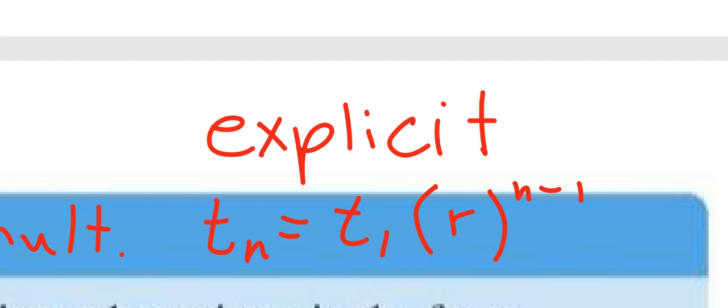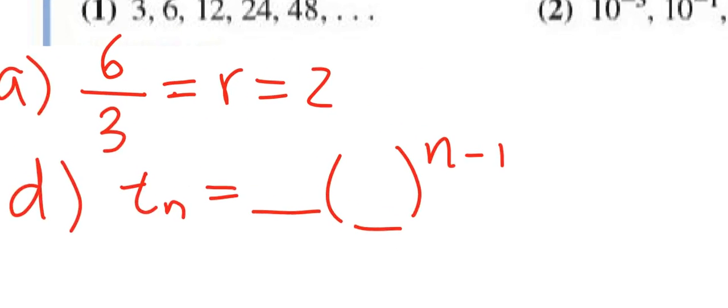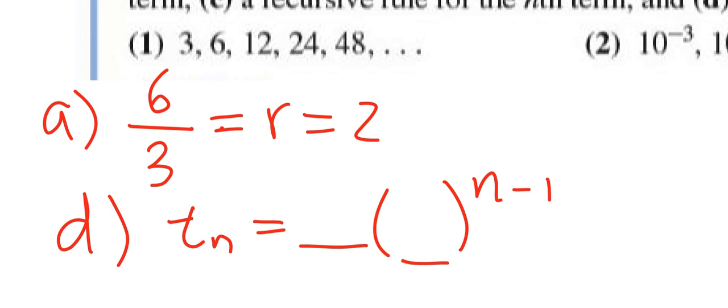You got it? Okay. Hopefully you put in the first term and the common multiplier.